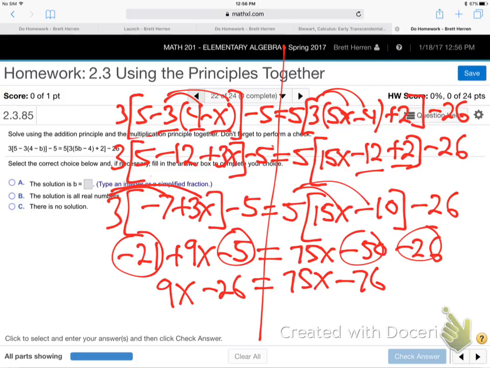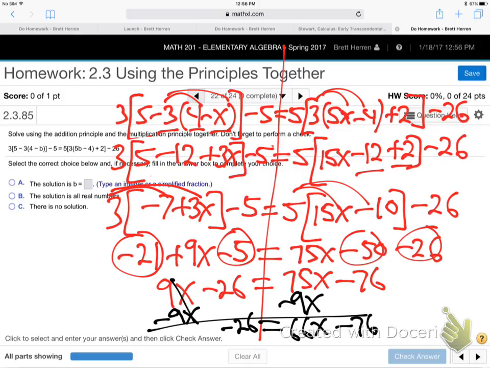Now, what are we going to do? Well, let's do the x's first. Okay. We have x's on opposite sides. We don't want two x locations. So what do we do? Yeah, get rid of the lower one. Minus 9x from both sides. Boom. So minus 26 will equal 66x minus 76.